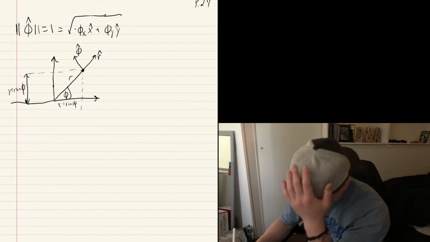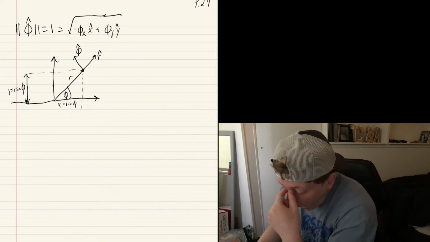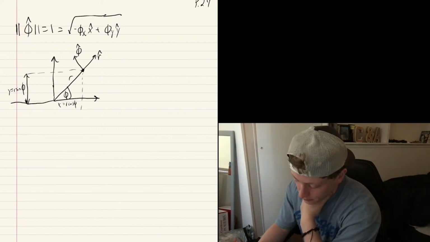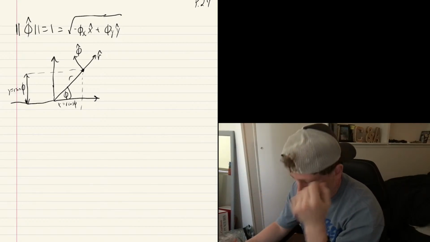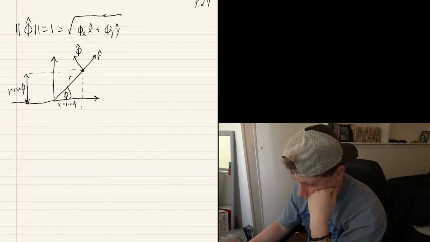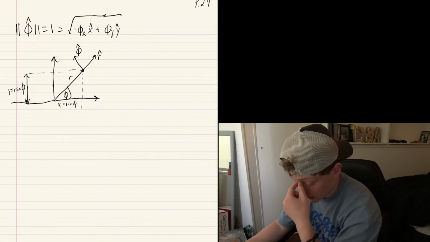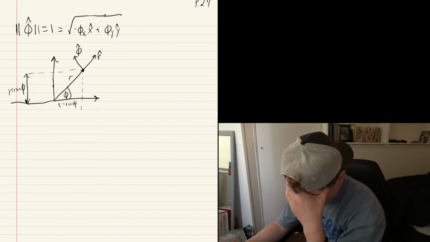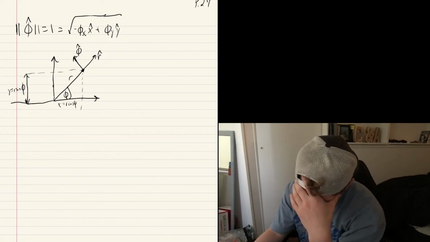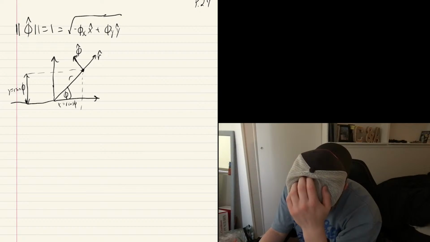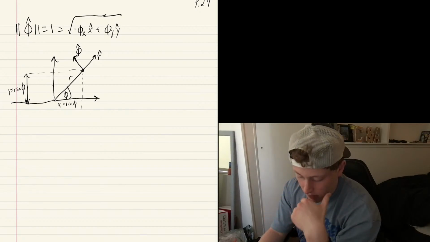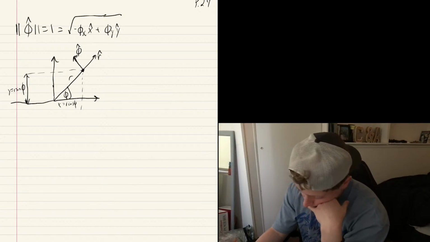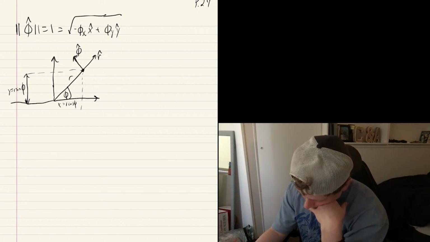Okay, let me just try to solve from here. So, oh, excuse me. Now we need components for the x direction and the y direction. What would the x direction be? What's the magnitude of this? Well, if you go like this, that would be adjacent.